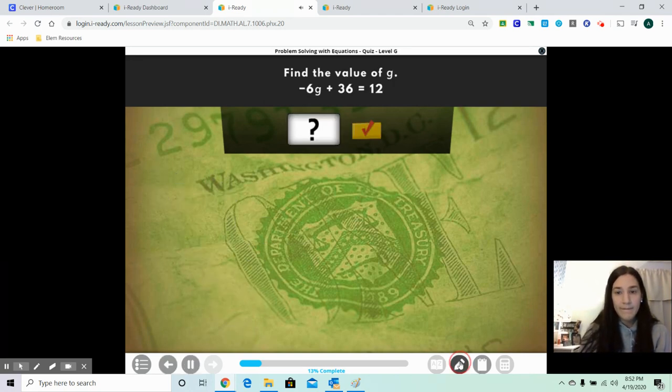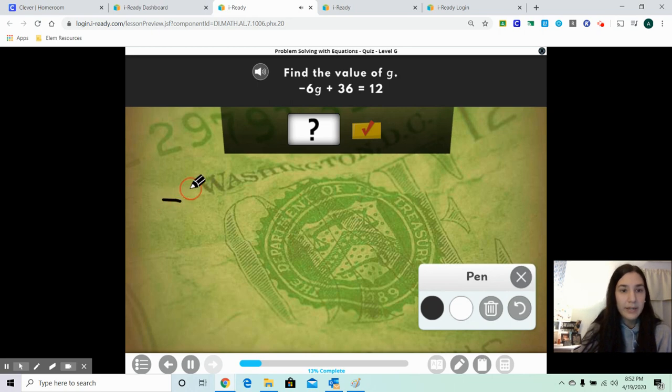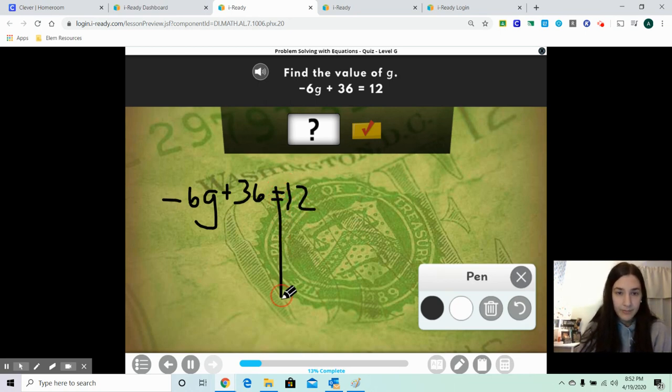Find the value of g. Okay, negative 6g plus 36 equals 12. Okay, draw our scale line. We see my plus 36 inverse is going to be to subtract 36.